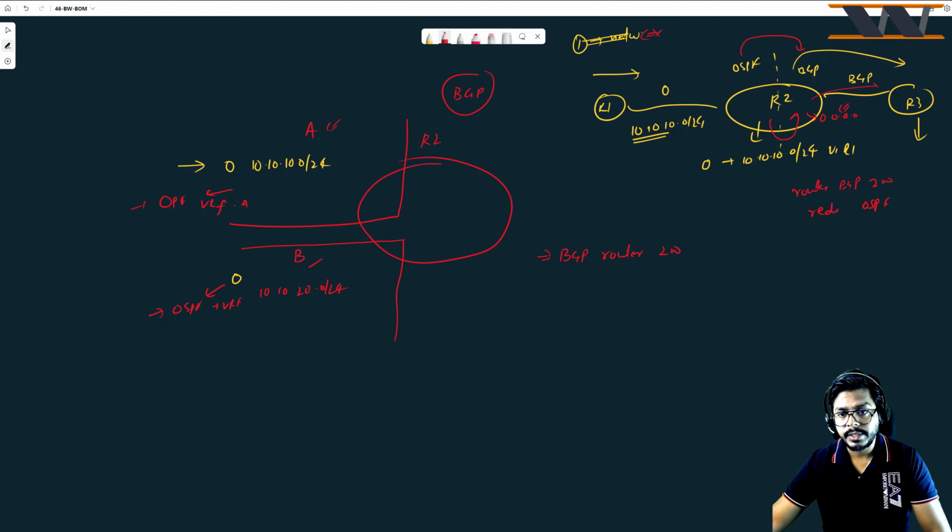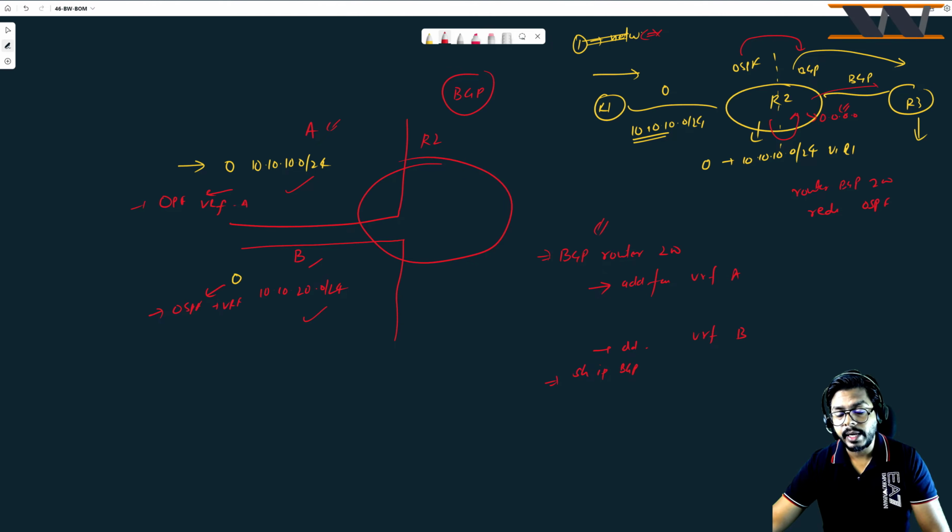So what we do is we have the address family for VRF A, and we have the address family for VRF B, right? Interesting. Now if I do a show ip bgp, I am not going to see this route at all, right? Which route? This route or this route?